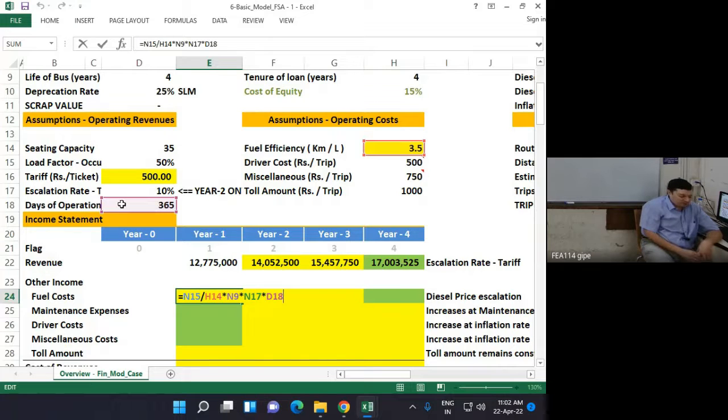Right, toll will remain constant because toll generally increases in a slab of 5 or 10 years. So we'll say that toll is not increasing in these 4 years.